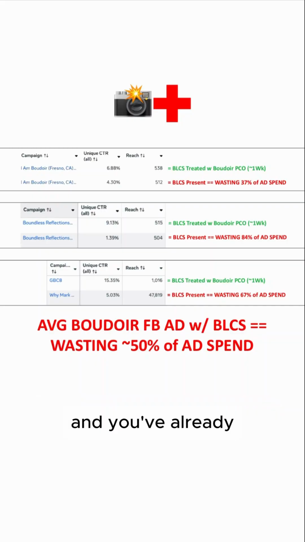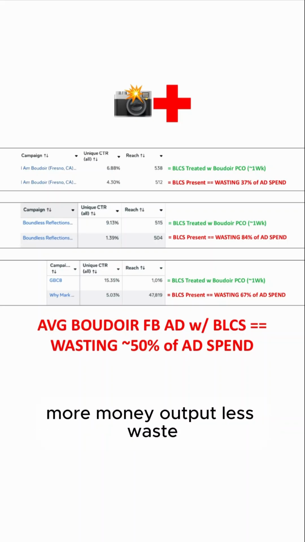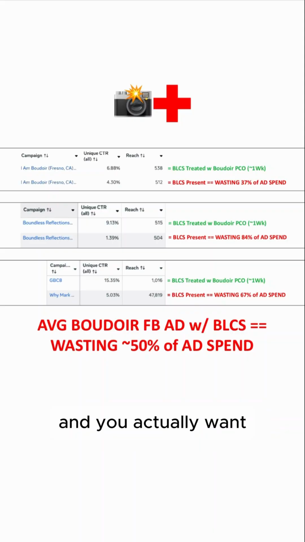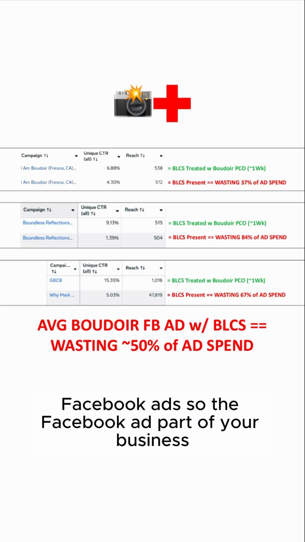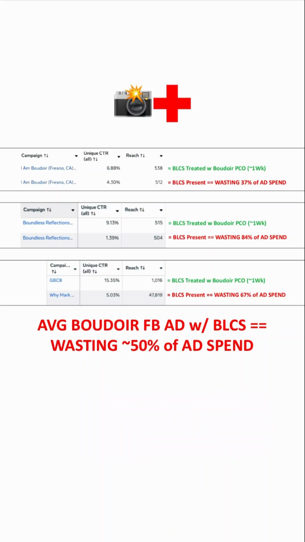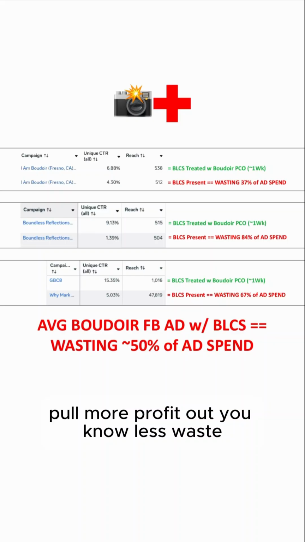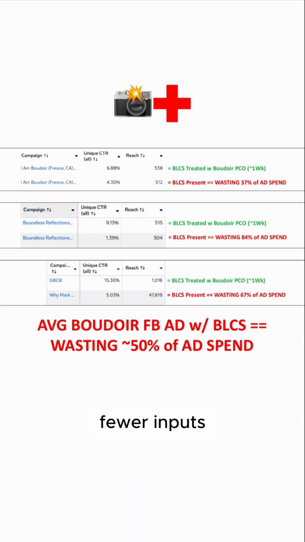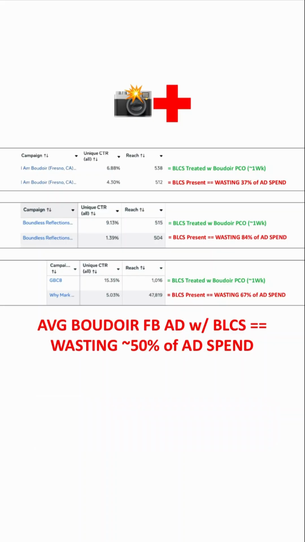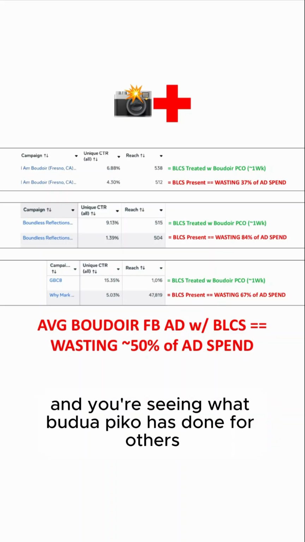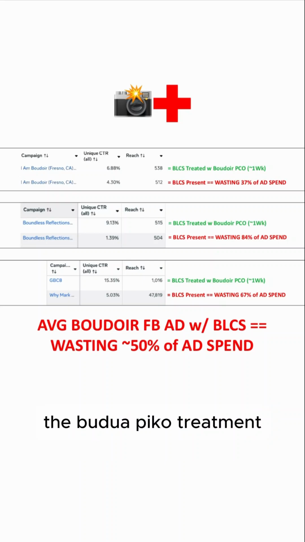And you've already been optimizing other parts of your business to pull the same input, but more money output, less waste. And you've decided now you need to do the same optimization with your Boudoir Facebook ads. So the Facebook ad part of your business, pull more profit out, less waste, fewer inputs, same profit, or more profit. So you want to optimize this. And you're seeing what Boudoir Pico has done for others, the Boudoir Pico treatment.